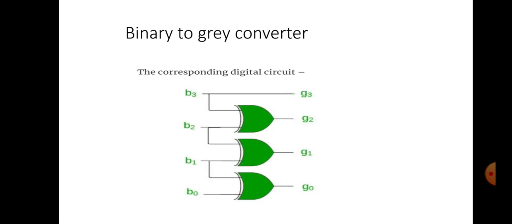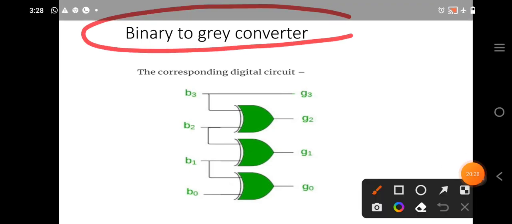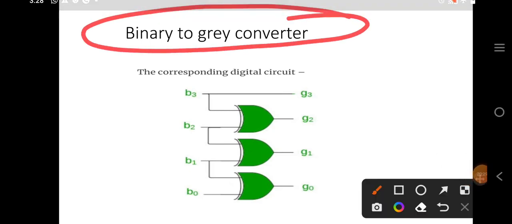Then after drawing the K maps, we have to make the groups and write the equations for the groups. So we will write the equations G0, G1, G2 and G3. And after getting the minimized equations, we can draw the circuit diagram. So this is the circuit diagram for binary to gray converter. Okay, so this is our final output.